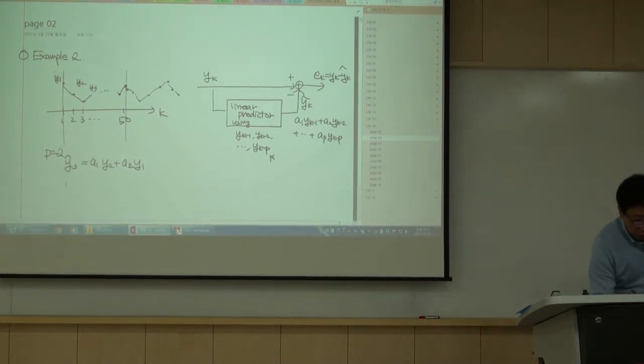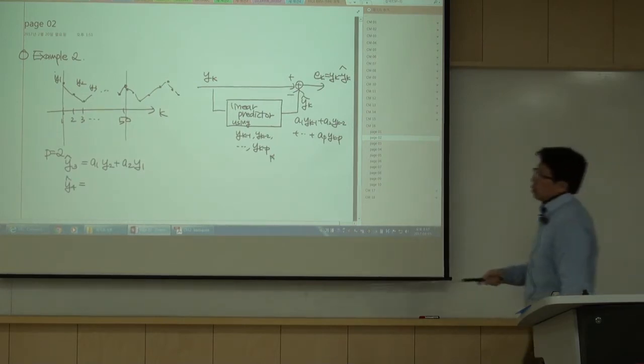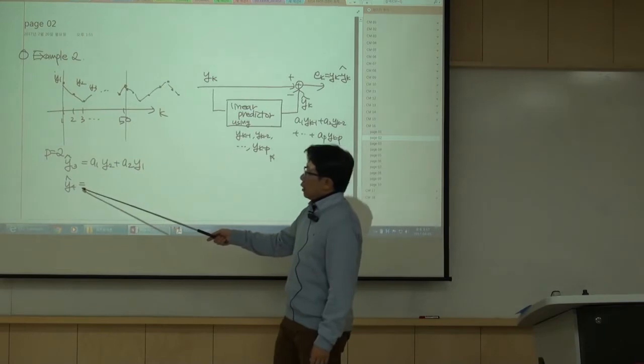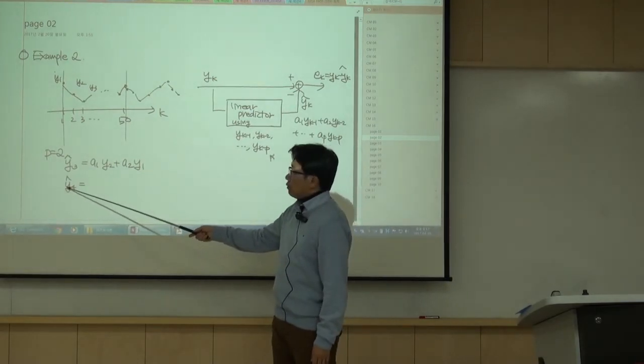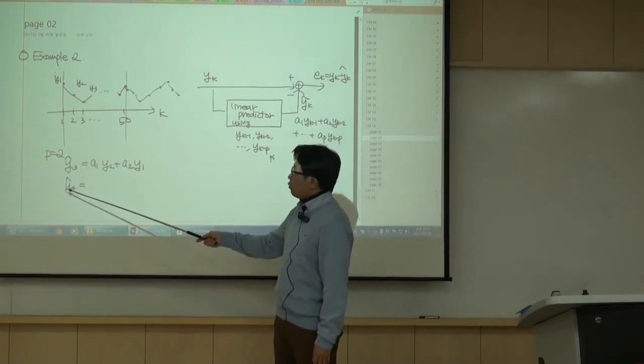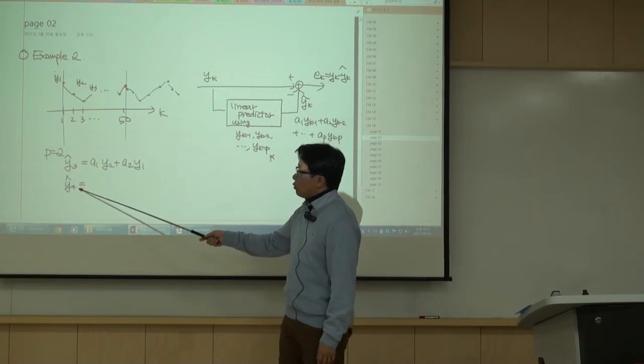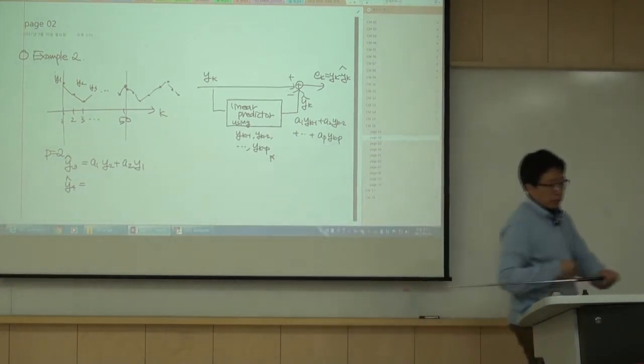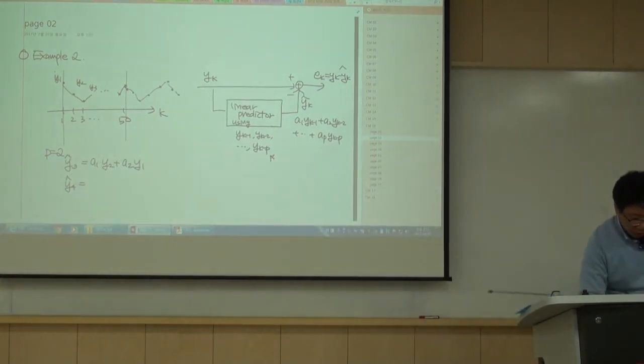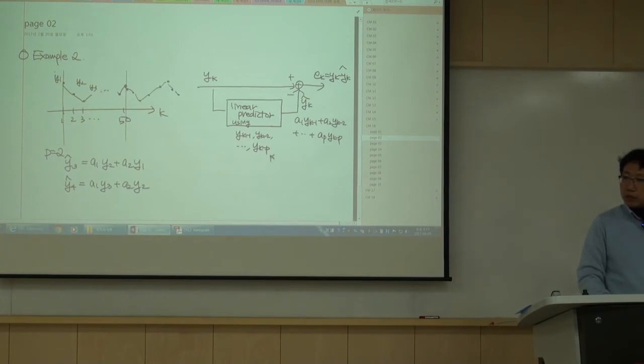Now, what is the linear prediction of y4? Now you use y3 and y2, but with the same coefficients. So you have a1 y3, a2 y2, something like that, and up to y50.